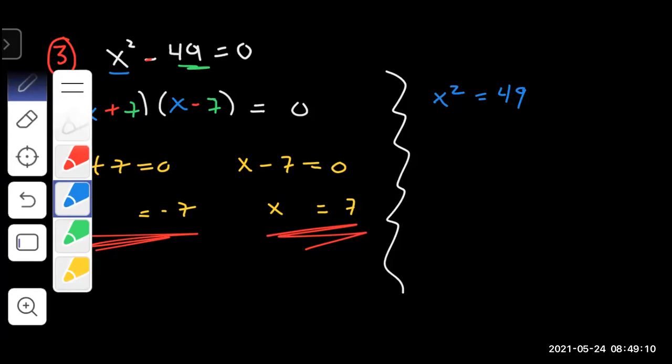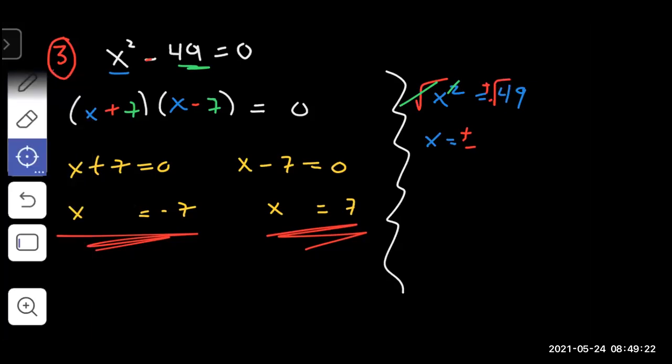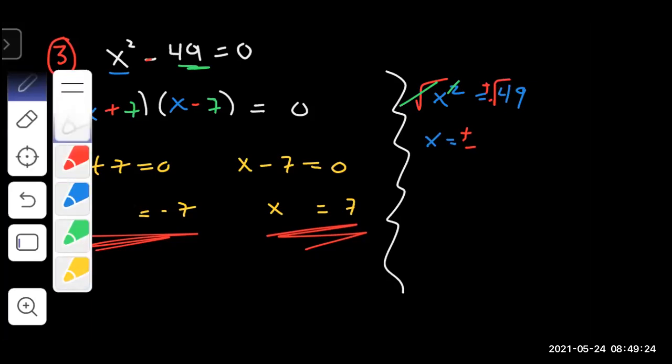And then we put a square root on both sides, positive and negative, right? So we cancel this and we get x equals plus minus, what is the square root of 49? 7. Okay, solution 1 will be +7 and solution 2 will be -7.